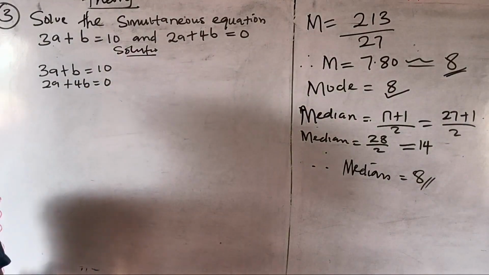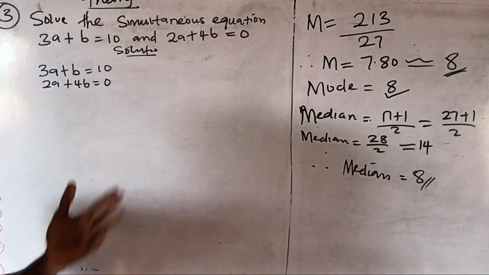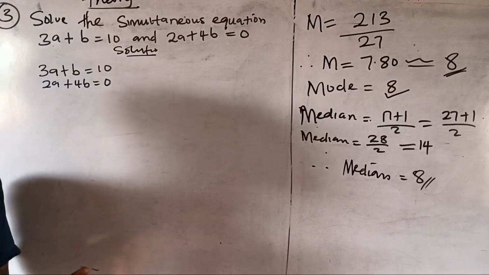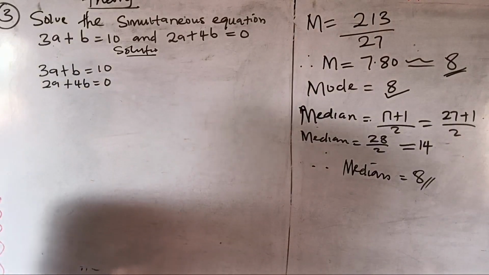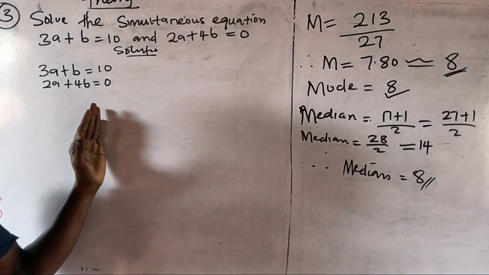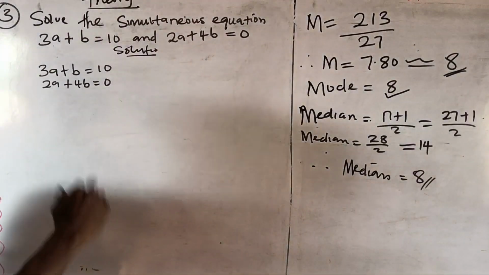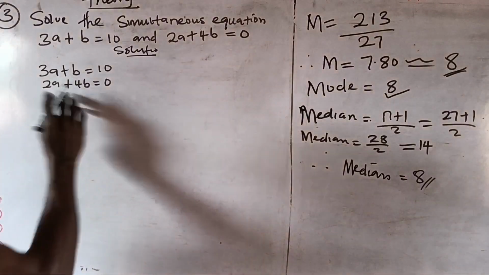We have several methods of solving this kind of simultaneous equation: the elimination method, the substitution method, and the graphical method. I'll be using two methods to solve this equation, and we are going to get the same result. Firstly, I will use the substitution method.